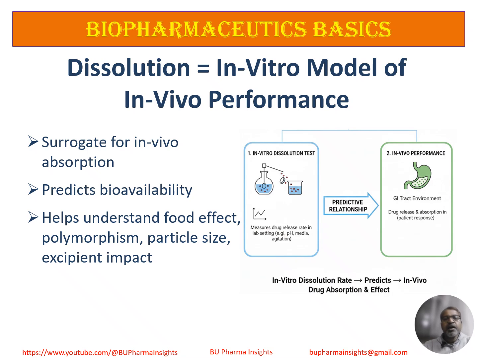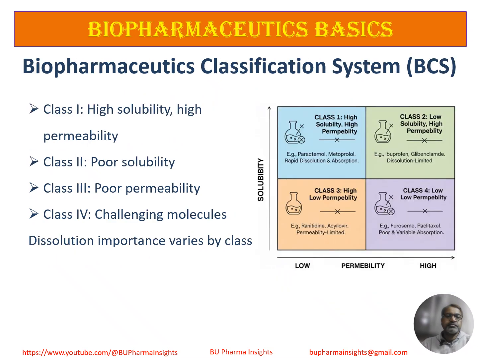In general, better dissolution leads to better bioavailability, especially for BCS class 2 and 4 drugs. When dissolution is slow, absorption becomes slow or incomplete, resulting in lower plasma levels and reduced therapeutic effect. This is why dissolution testing is a powerful tool in biopharmaceutics and in predicting in vivo performance.